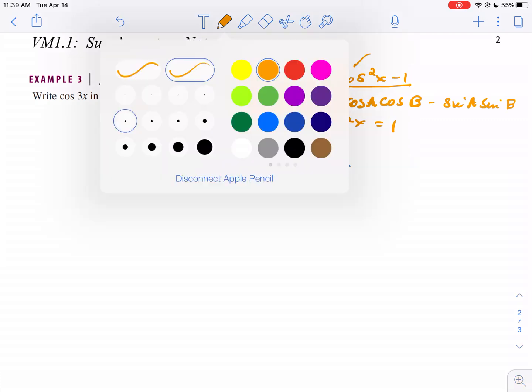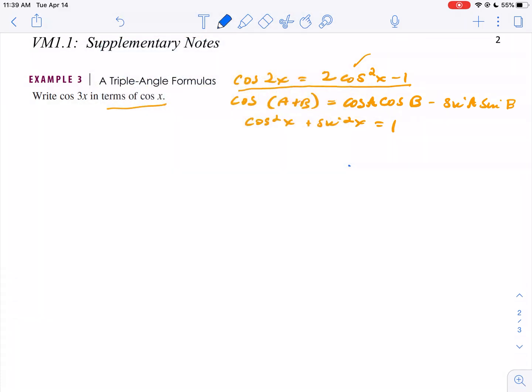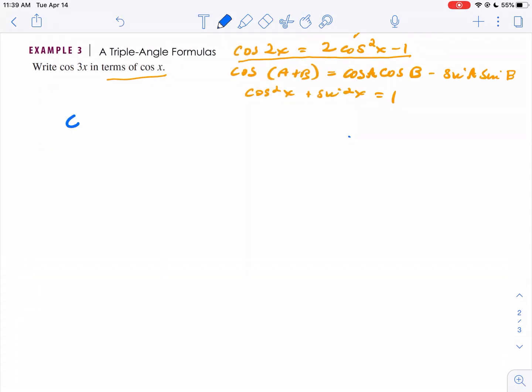So let's begin. When solving a problem like this, we want to write the cosine of 3x in terms of the cosine of x. Well, we only have a double angle formula. We don't actually have a triple angle formula. So I can rewrite that as the cosine of 2x plus x, since 2x plus x is 3x.